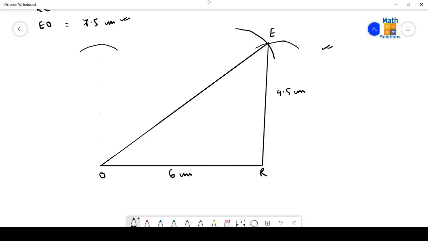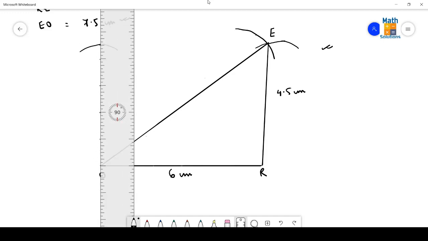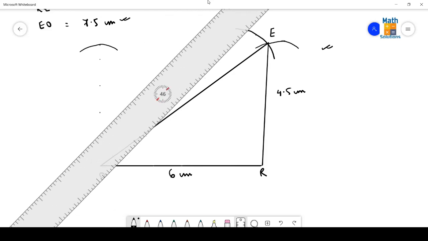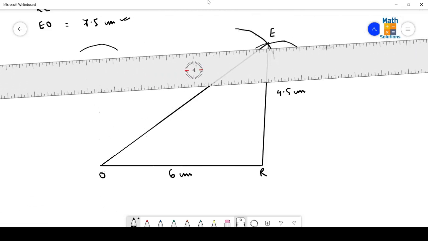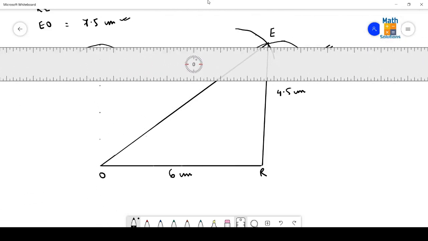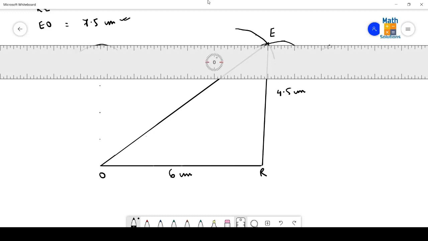Now another arc is to be drawn from the point E, taking the radius as 6 centimeter, because opposite sides will have to be equal. That is why another arc we have to consider here of measurement 6 centimeter. Radius should be of measurement 6 centimeter. So let us check at what point it is 6 centimeter. Let us check here.